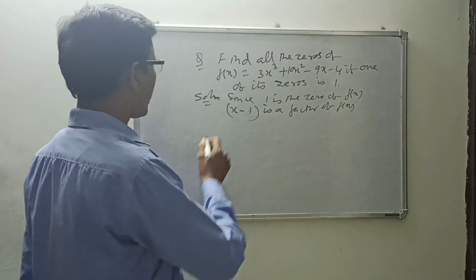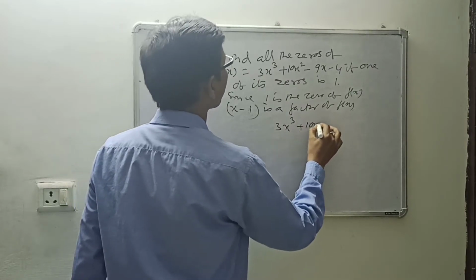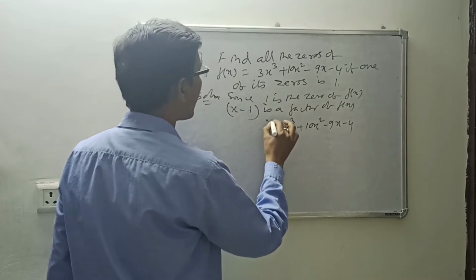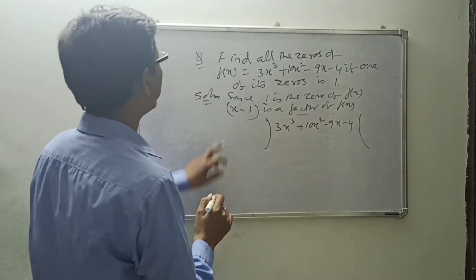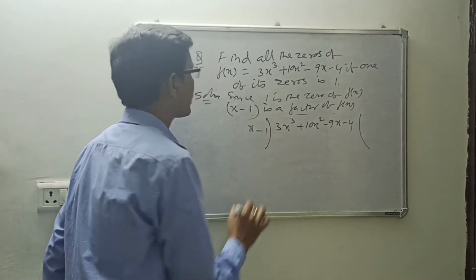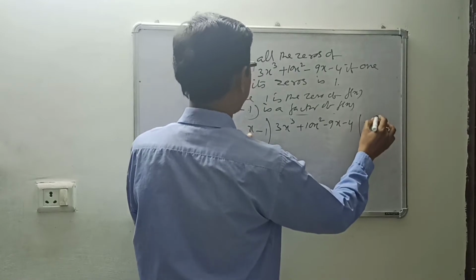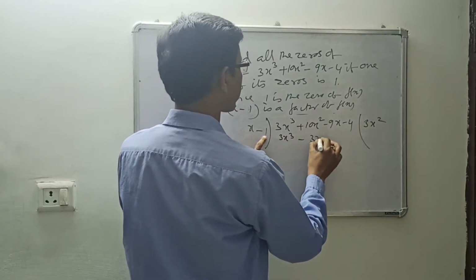So by dividing 3x cube plus 10x square minus 9x minus 4 by x minus 1, first it will go 3x square, you will get 3x cube minus 3x square.